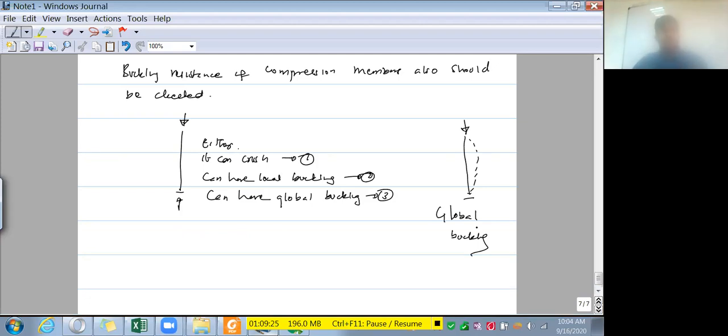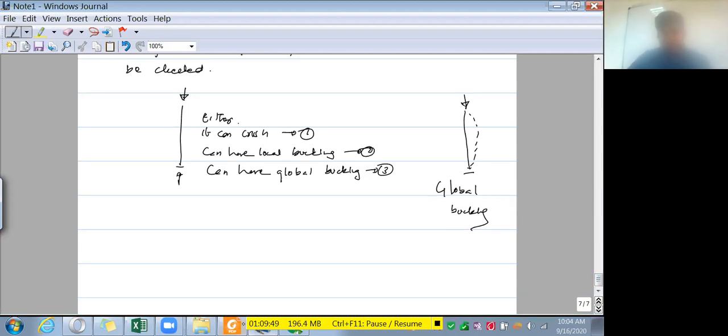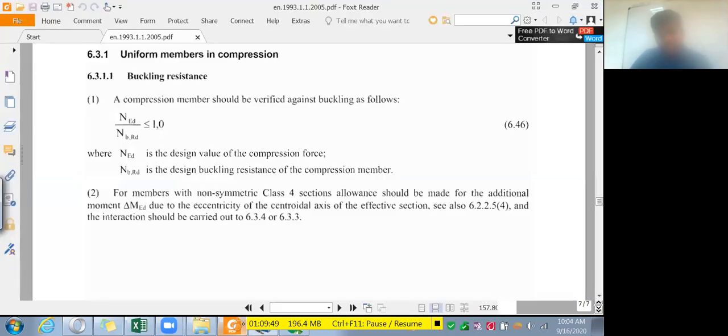So we need to see which capacity is the lowest, whether the global buckling or crushing. Through compression, it can get crushed or fail by material failure, or it can fail by buckling failure. How to check the buckling failure? When there's a compression member, you have to check this one also. NED should be less than NBRD.